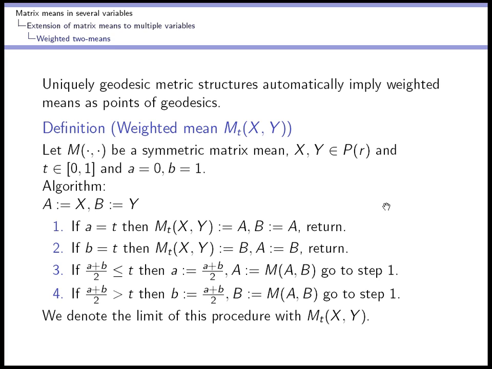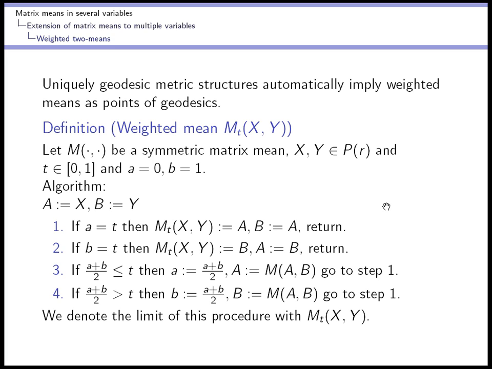Suppose we have a 2 mean, which is symmetric. In that case, we want to define a weighted counterpart for t in the 0-1 interval. What we do, we can do an interpolation to get this point back, starting from these 2 points.